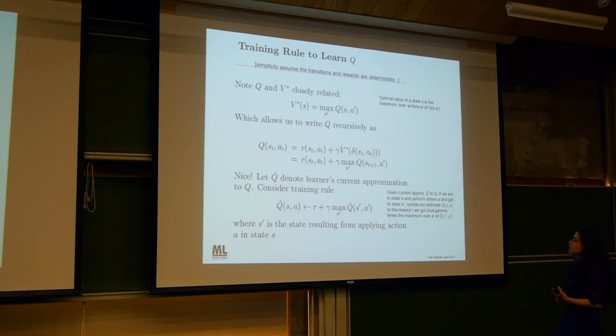And so this immediately suggests an iterative algorithm for computing the Q function, which is very much like the dynamic programming algorithm we had for the V function.